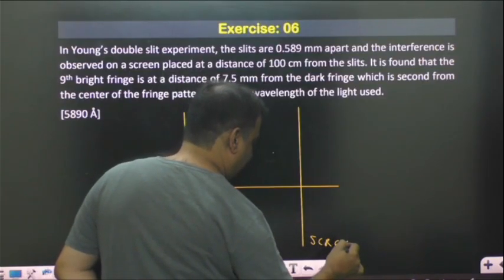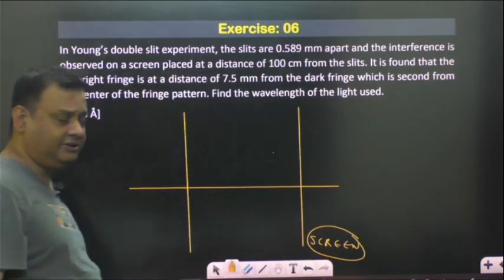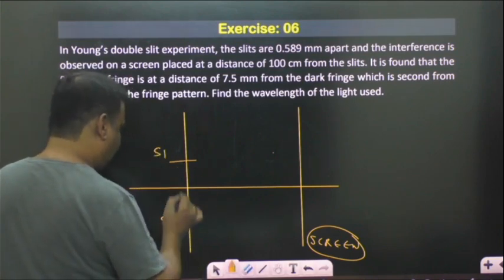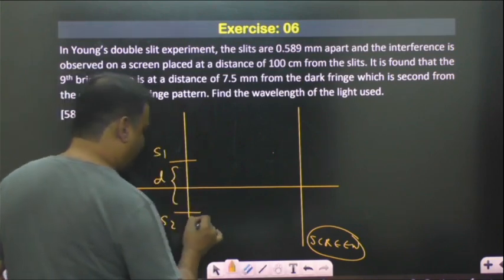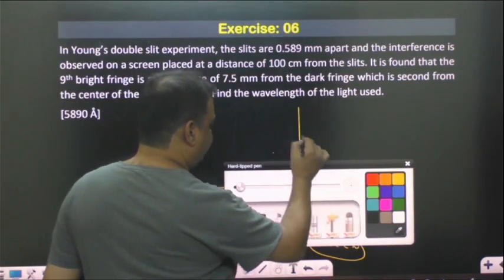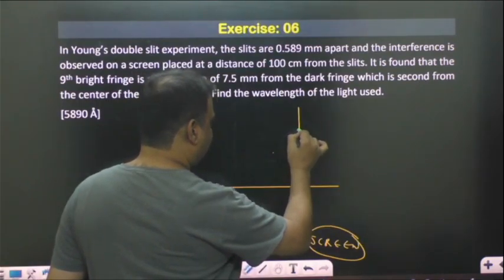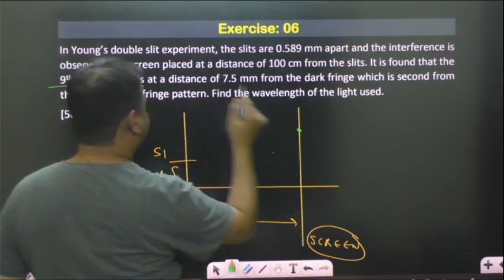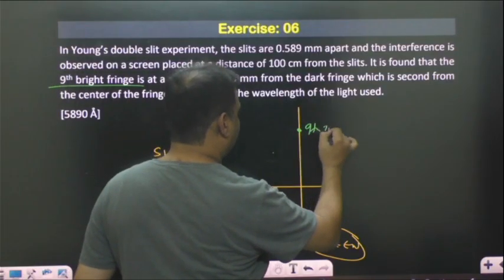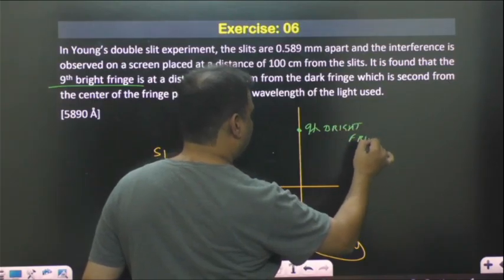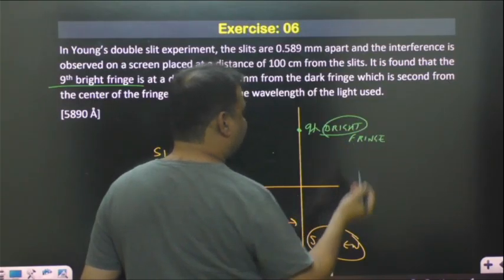This is the screen for obtaining the interference pattern. We have two slits. The distance between the slits is a small d. This is capital D. Okay. Say this is the position of the ninth bright fringe. So bright means maxima.